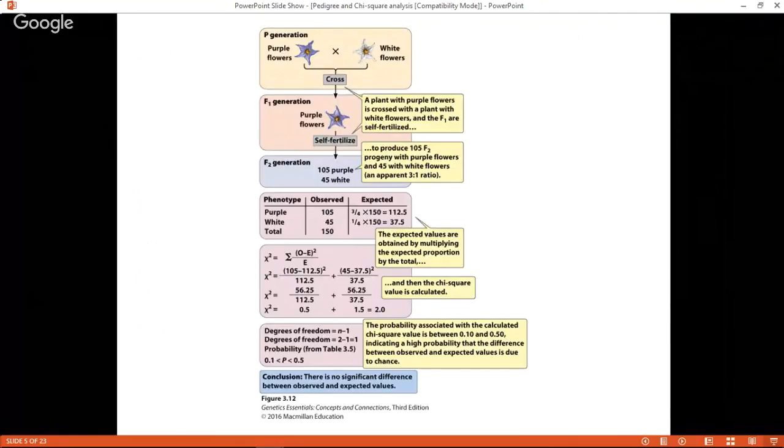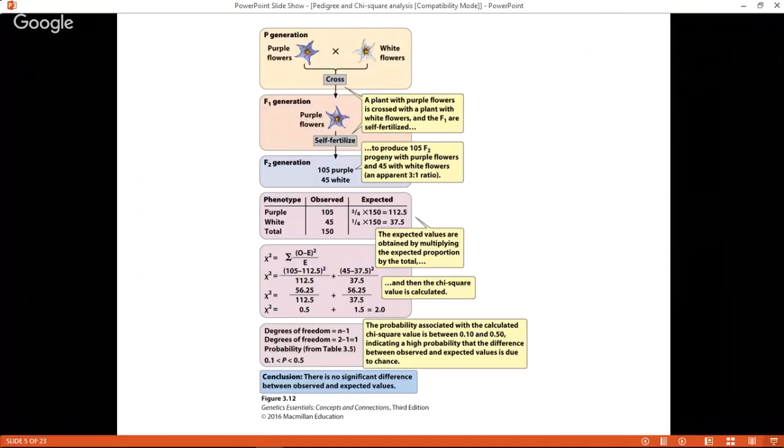That makes the F1 generation, which is a purple flower. We then self-fertilize the F1 to make the F2 generation. With the F2 generation, we get a 3-to-1 ratio: 105 purple and 45 white. You add those up to get the total progeny, which equals 150.